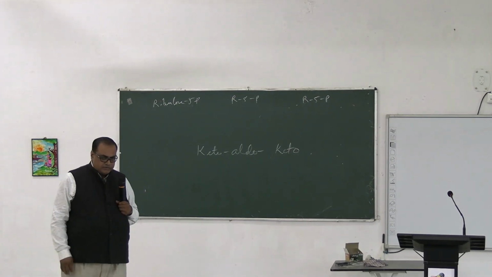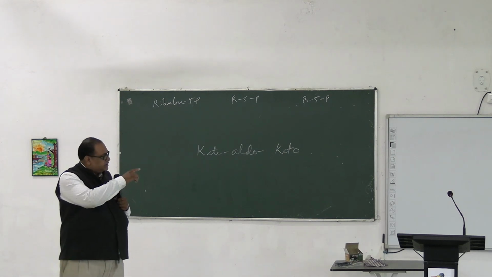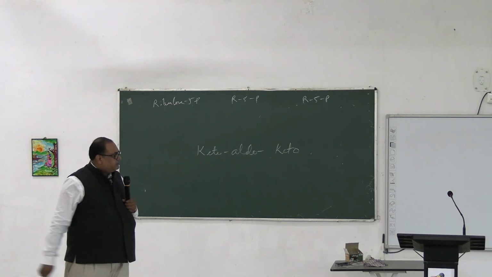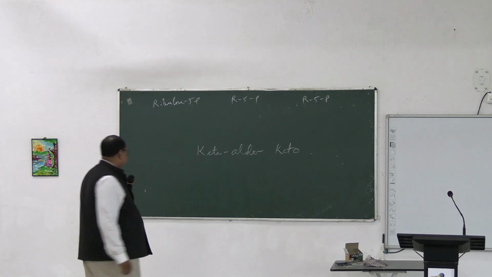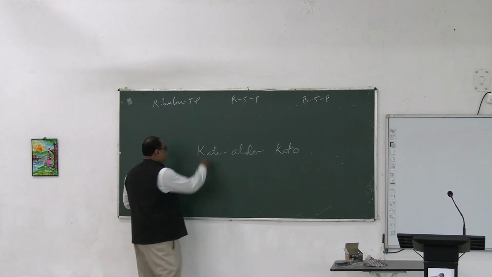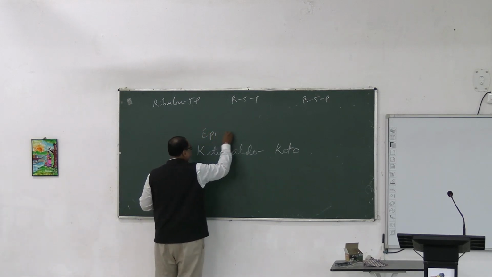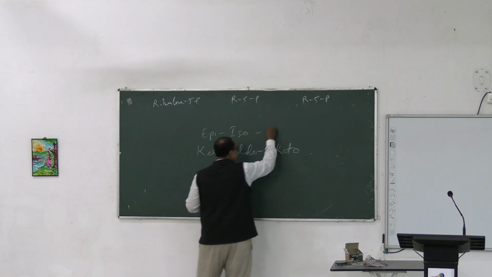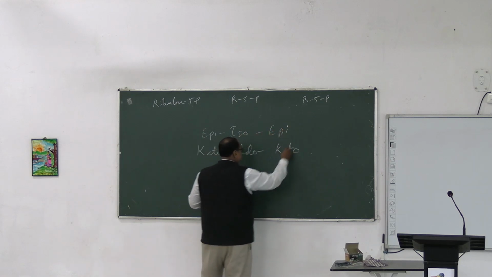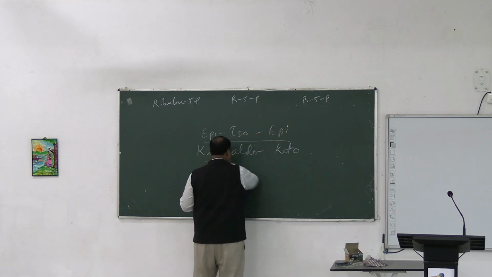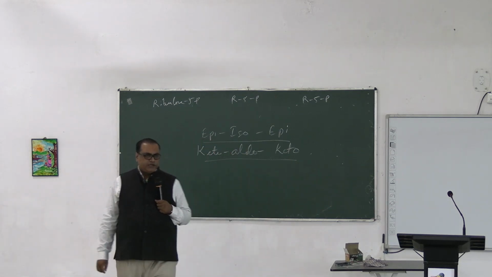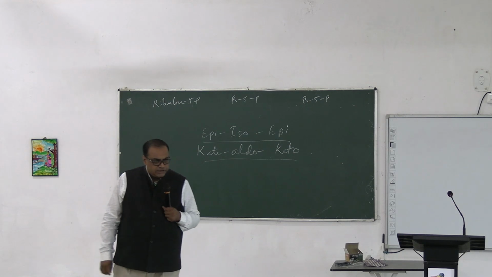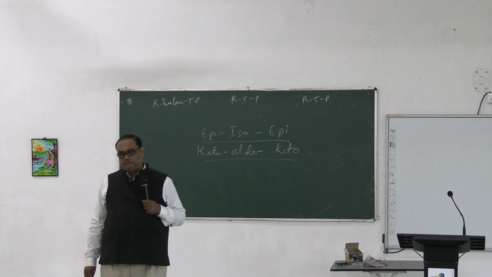But before this converging reaction, there is another reaction which is converting them into the same pentose phosphate. So remember these two. For the next reaction, we have to remember AP, iso, AP. For the last three reactions, keto, aldo, keto.